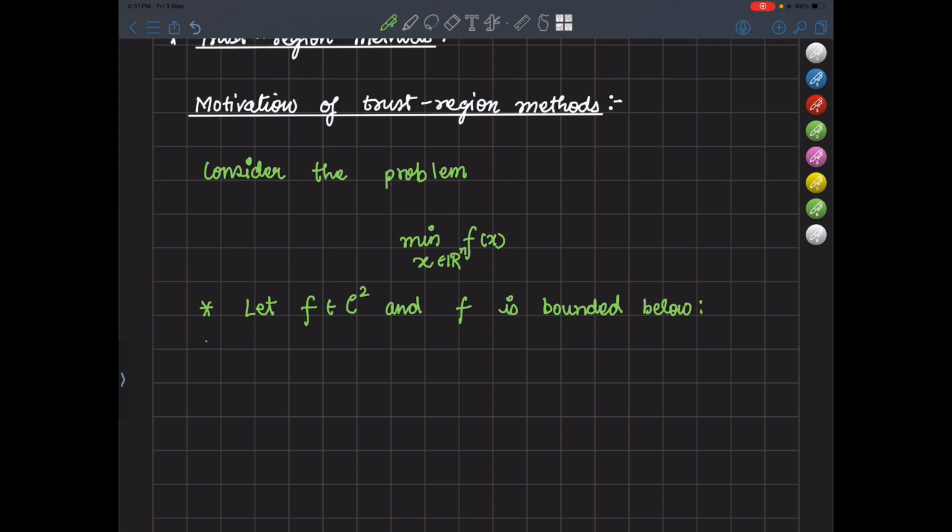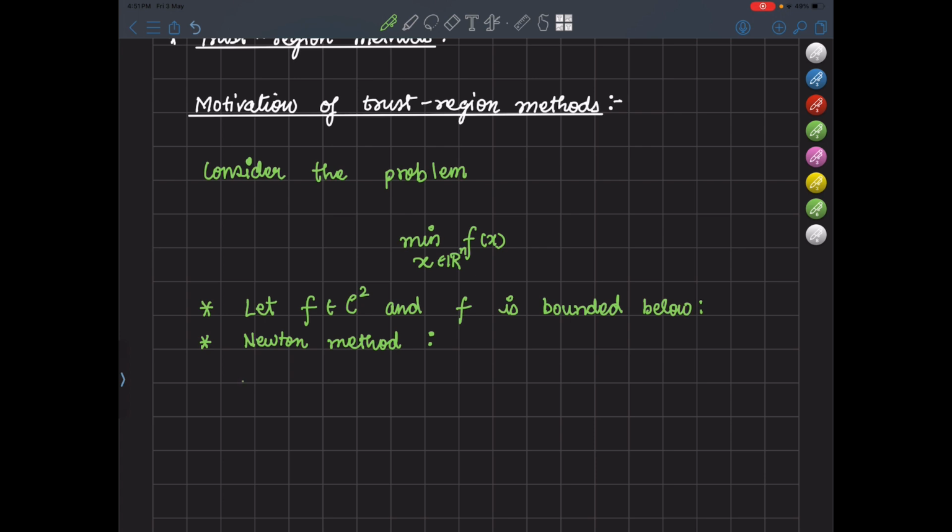Now the Newton method uses a quadratic approximation of f at a given point xk.